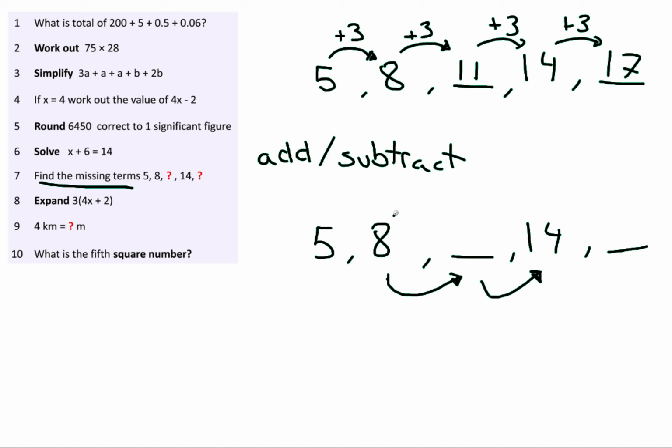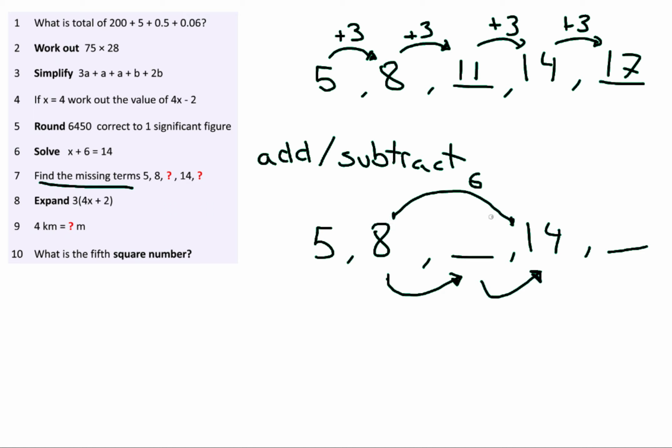What's the difference between 14 and 8? So 14 take away 8 is 6. When they ask you what's the difference, it's the same as take away. Or you can think, what do I have to add to 8 to get to 14? So in this case it's 6. Okay, so this is the distance between these two numbers.